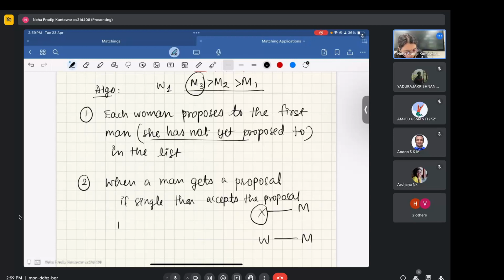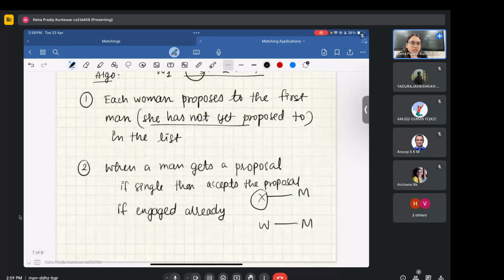And if he's already matched, or let's say engaged, then what does he do? He looks at his list of preferences. Remember that each man also has his list of preferences.